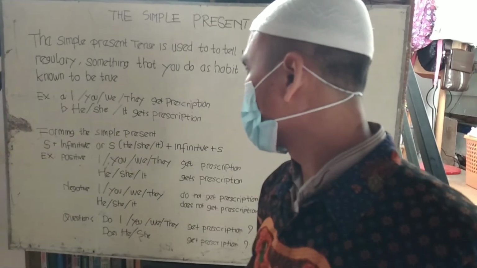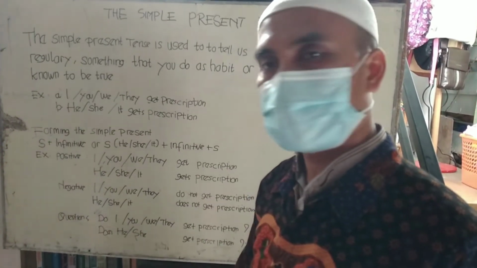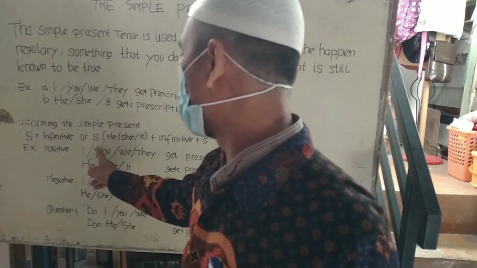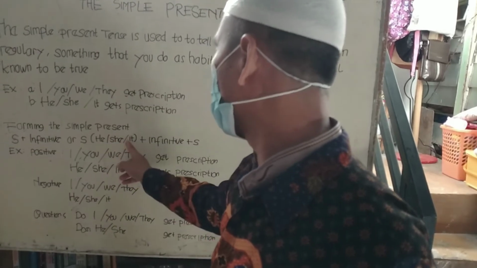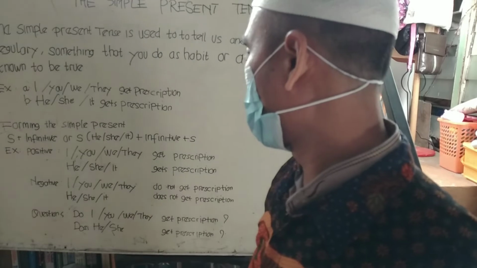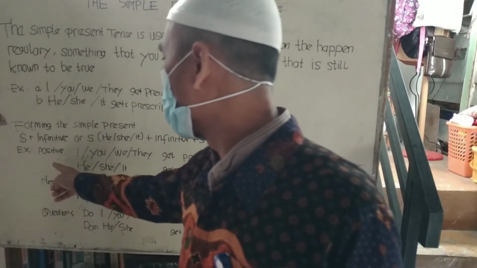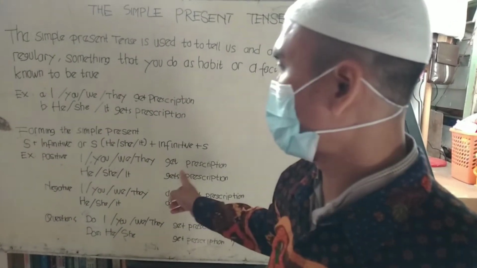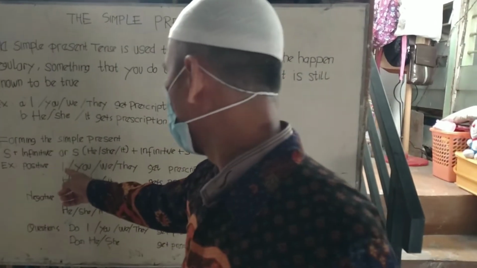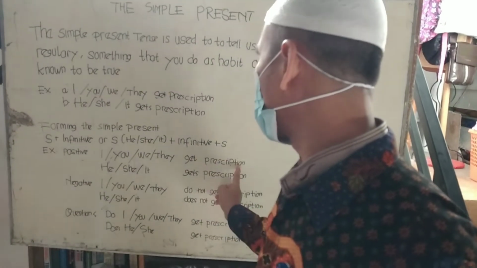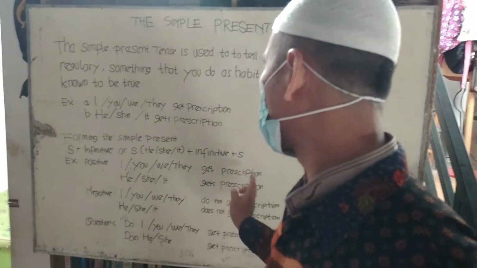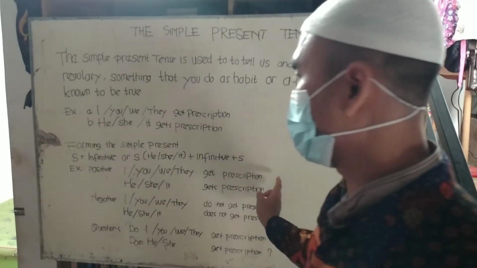And then next, forming the simple present tense. Subject plus infinitive, or he, she, it plus infinitive plus s. For example, if you want to make a positive sentence: I get prescription, you get prescription, we get prescription, they get prescription.